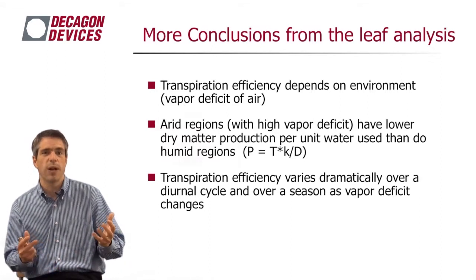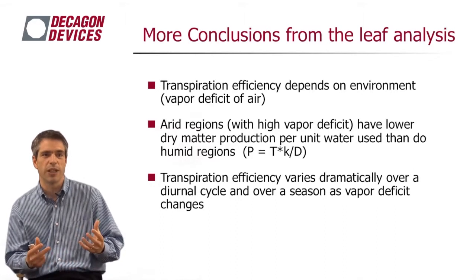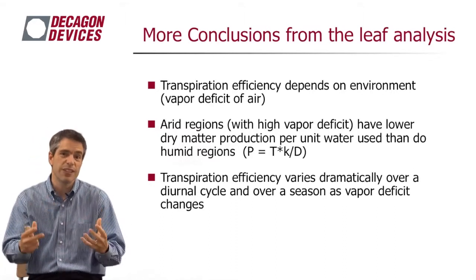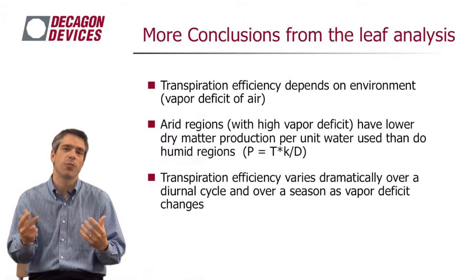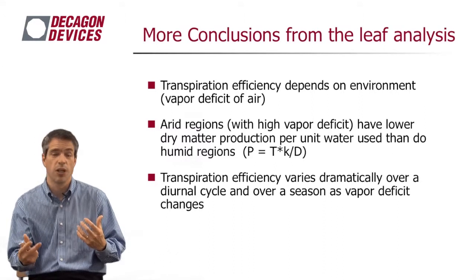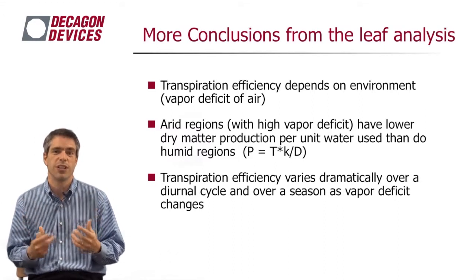And as you might imagine, transpirational efficiency varies dramatically over a day and even over a season as vapor deficits change. So in this case, whereas the other model was a little more robust, the radiation use efficiency over a season, this model requires more continuous input.